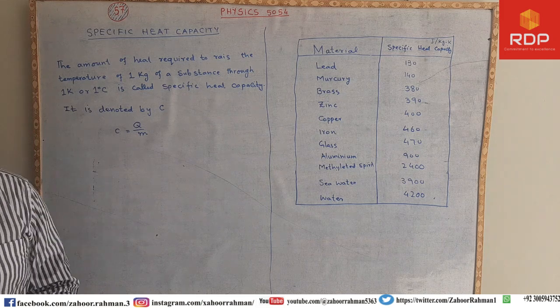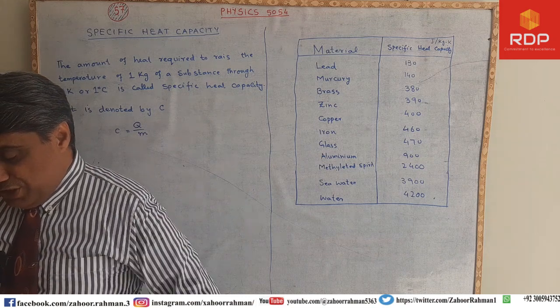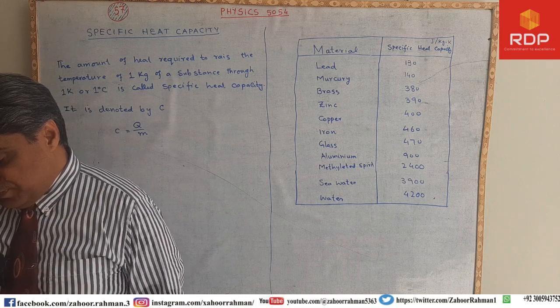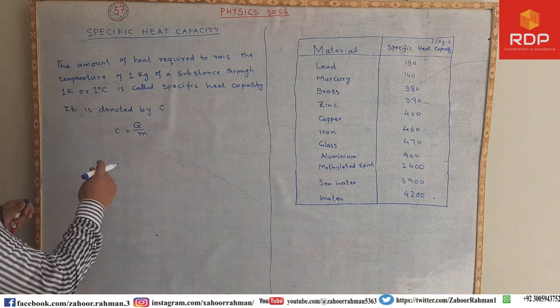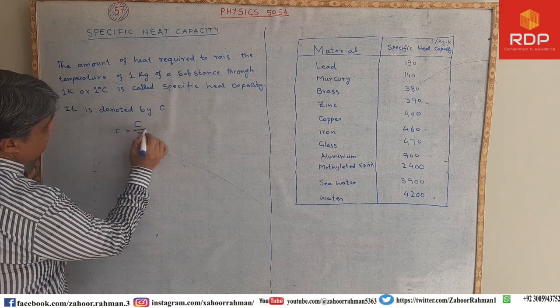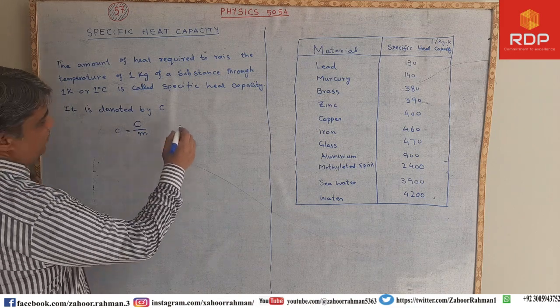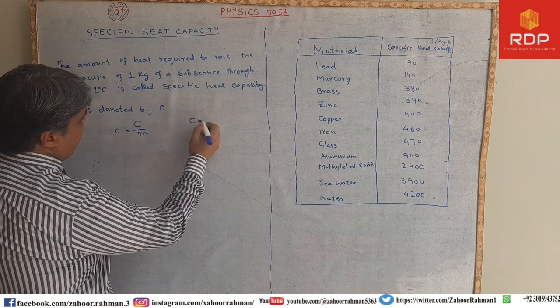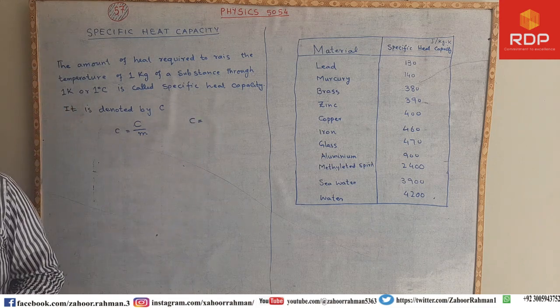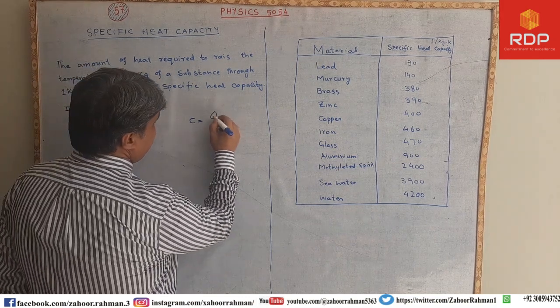Yesterday we discussed that small c is equal to capital C divided by m. And yesterday we defined capital C as well, and that was equal to delta Q divided by delta theta.